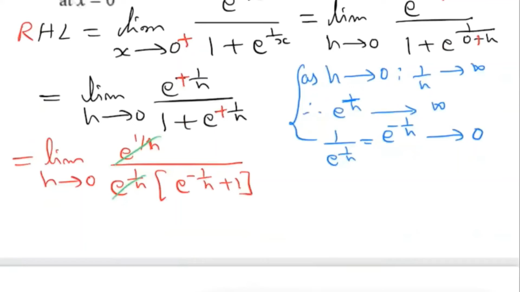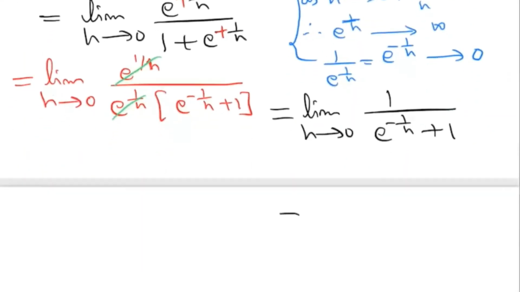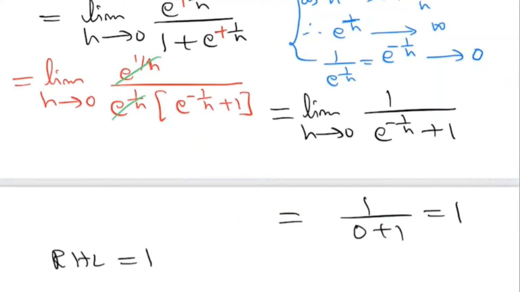You get this expression. That is limit h tends to 0, 1 upon e power minus 1 by h plus 1. As h tends to 0, 1 by e power 1 by h, rather e power minus 1 by h tends to 0. So this becomes 1 upon 0 plus 1. So right hand limit is 1, but left hand limit was 0.